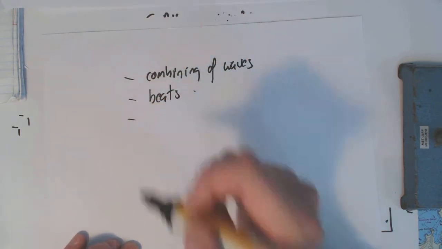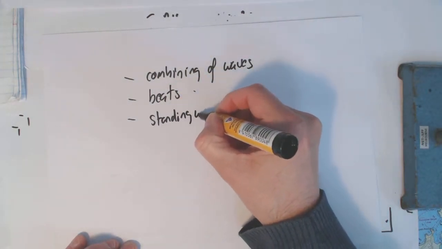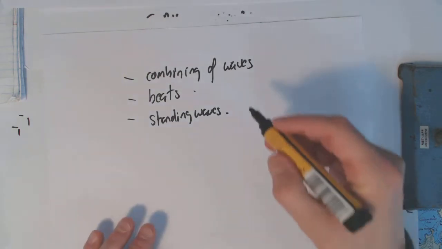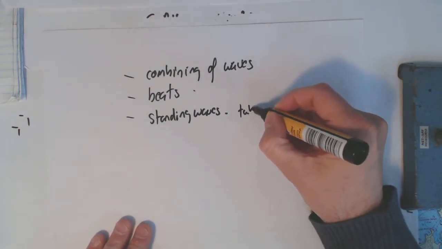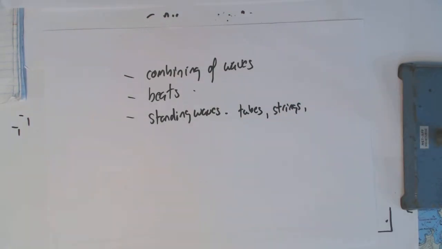Explaining that is hard. You need to learn how to explain that. We're going to look at standing waves, very important. We need to be able to explain what a standing wave is and how they are formed. And we will look at the musical instruments with regard to that. We'll look at tubes and strings. That's part of standing waves.